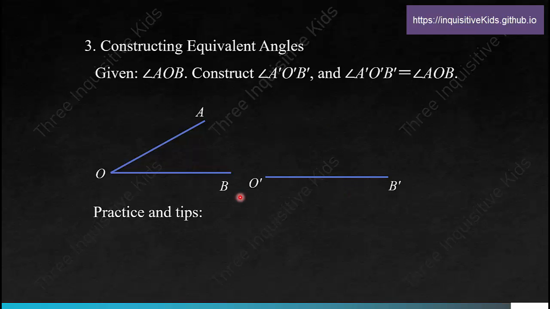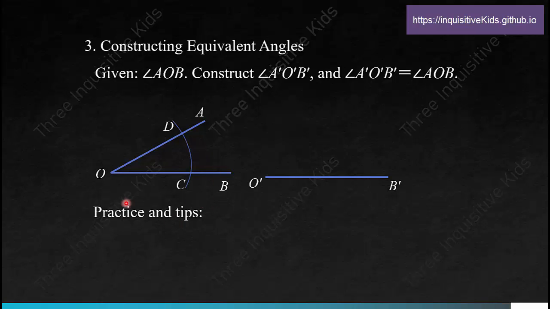First, we take a compass, and from point O right here, at any length, no matter how wide we turn the compass, we set the point at O and make this arc.